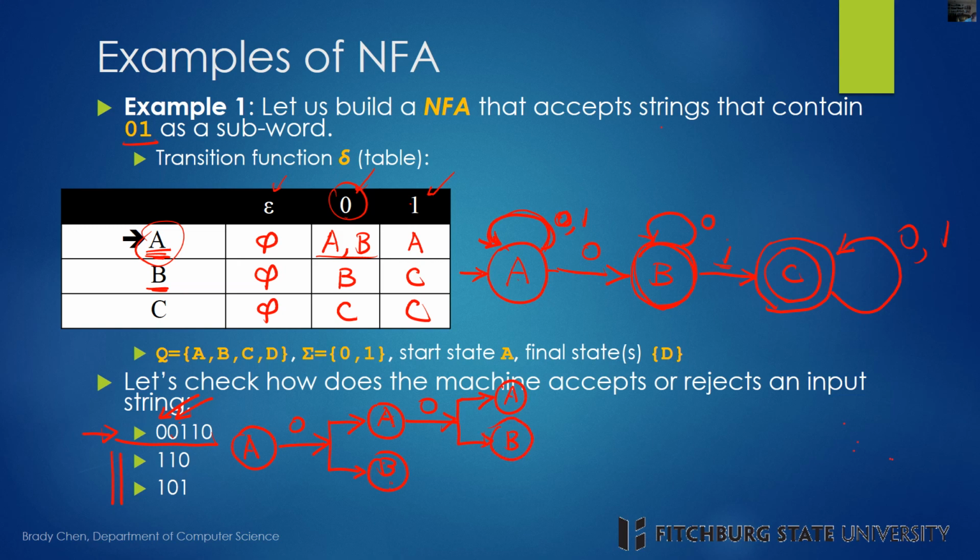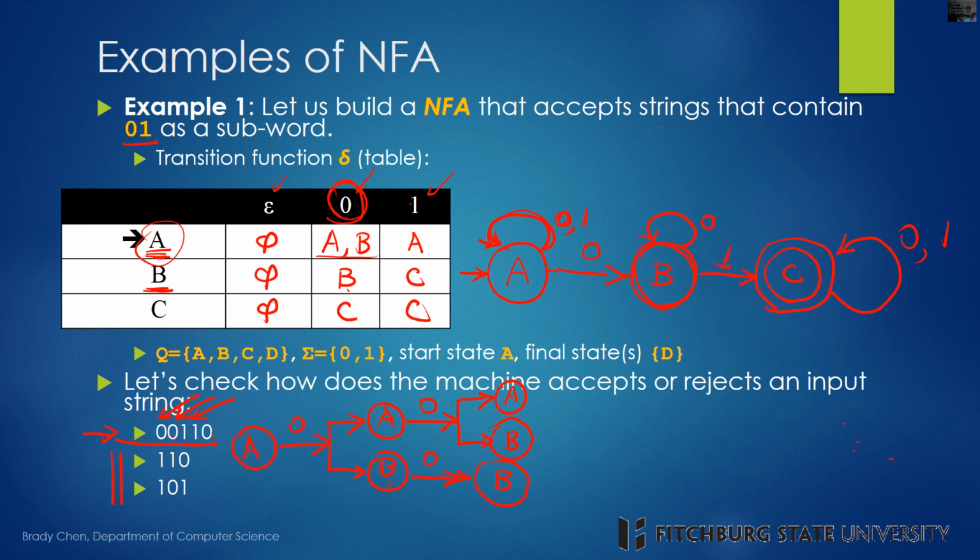Now if the current state is B, because that's the other possibility from the previous input value, so that's the other possible destination. Now if the second input is 0, then for B and 0, it goes to B. Right? It stays in B. Now, what's the next input value? 1, right?